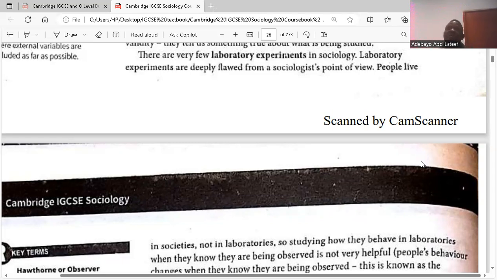But the problem with using field experiments is, one, there are ethical problems. The ethical question is, are they going to know that they are being observed or not? Because it is unethical to lie to participants. So are you going to tell them that they are being observed, or not?